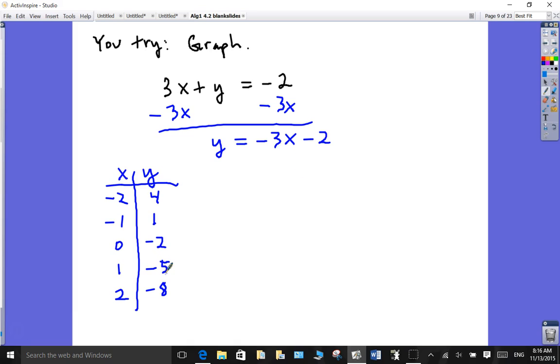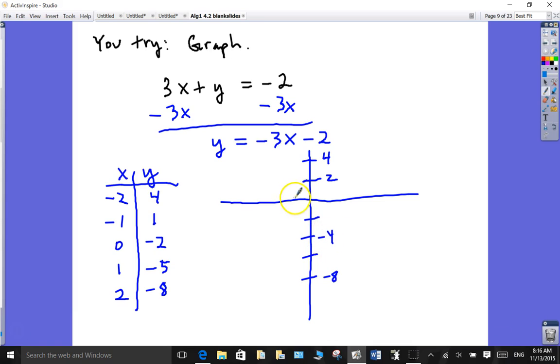So I would draw the x-axis like that and label every 2: 2, 4, -2, -4, -6, -8. And there's a -1, -2, and 1 and 2. That is x, and that is y.